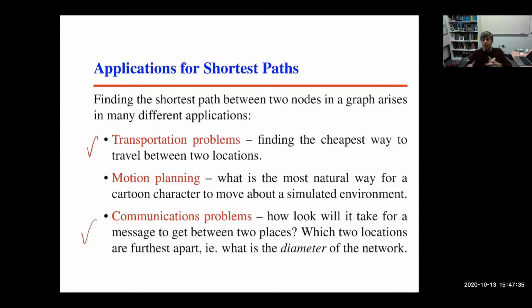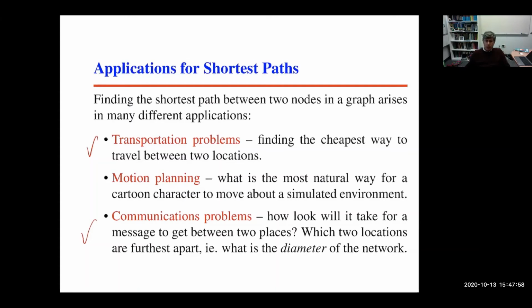What would be the best way to route it if you had a global control of this network? It would be basically the shortest path. When you want to figure out an upper bound on how long it will take for a message to get across, you're kind of interested in, like, what's the longest possible shortest path? What's the two nodes that are furthest apart from each other?